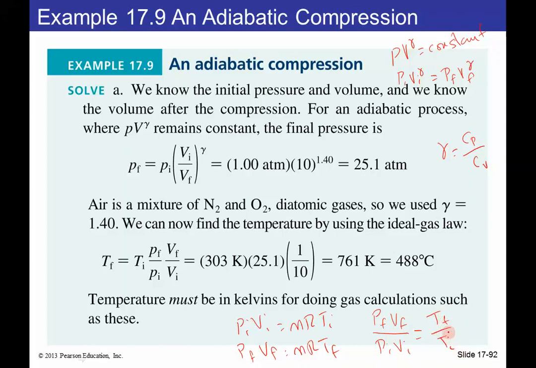And then use this equation right here, and we solve for the values that we know, and we get that that is 488 degrees Celsius. Remember to change this to kelvins here.